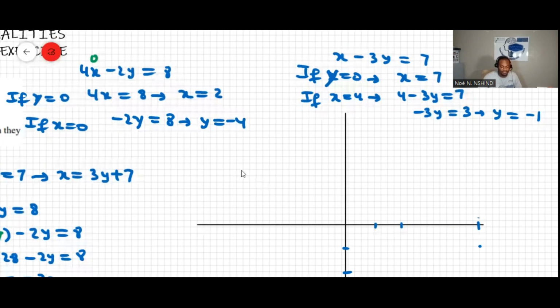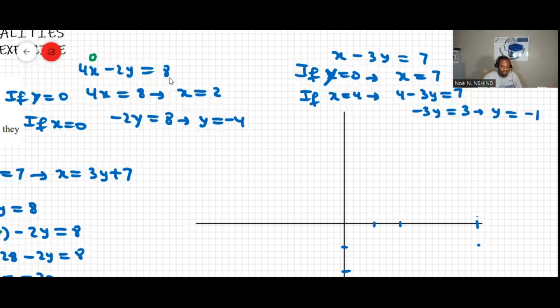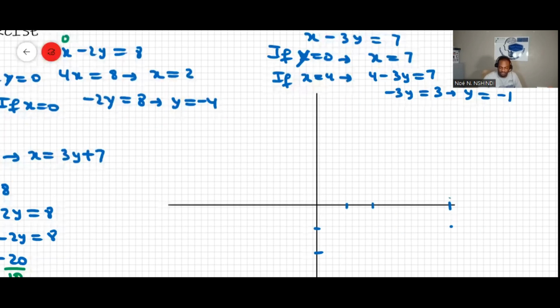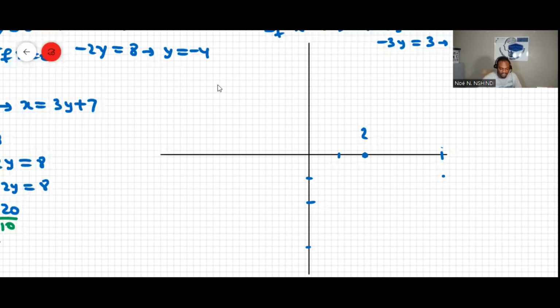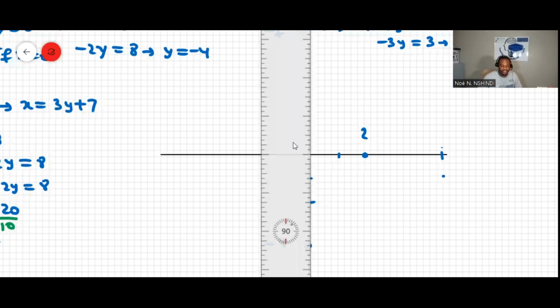So y is 0 here, x is 2 there, so this is the point. And then if x is 0, we found that y is negative 4. So I was right. x is 0, y is negative 4. So these two here form a point, so we can connect them.